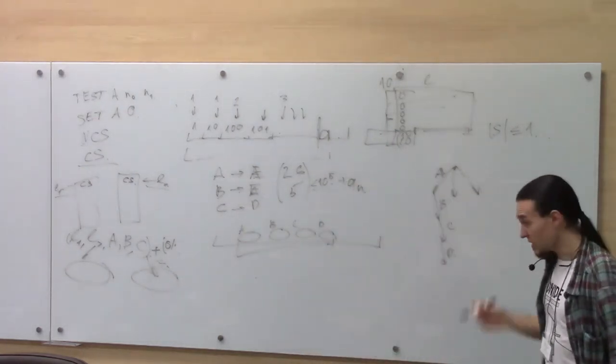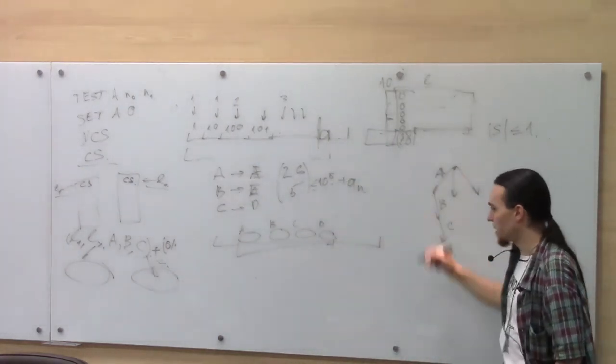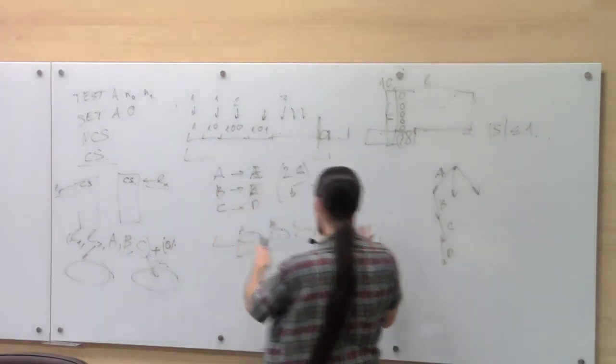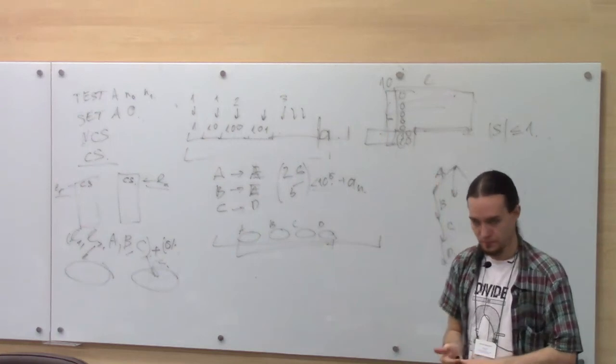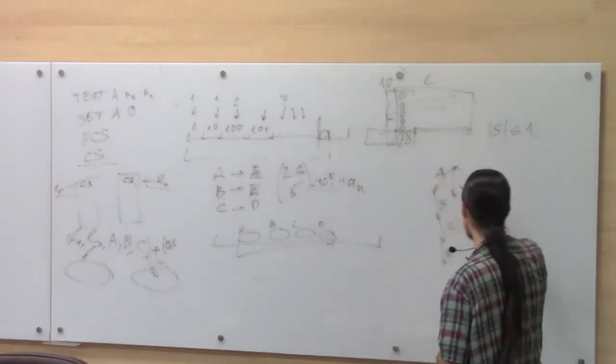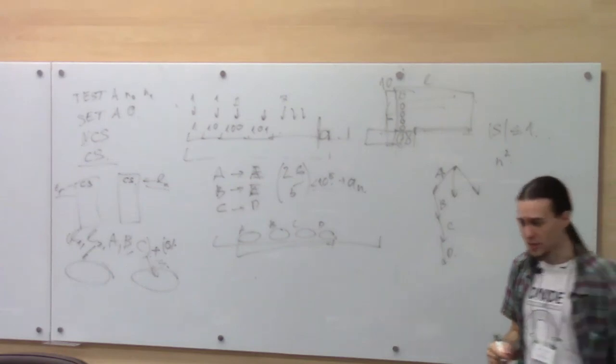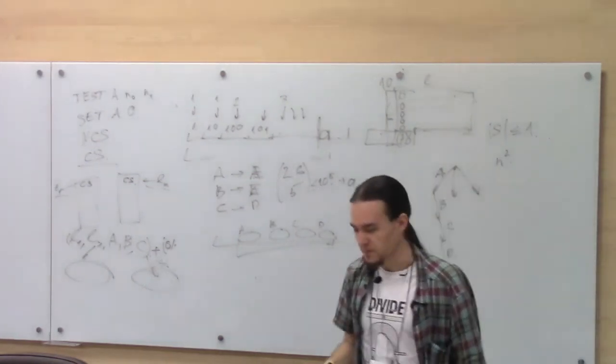Okay. So first we construct this trie, basically by considering all subsegments, and we can construct it in time of n squared, where n is the total number of letters.